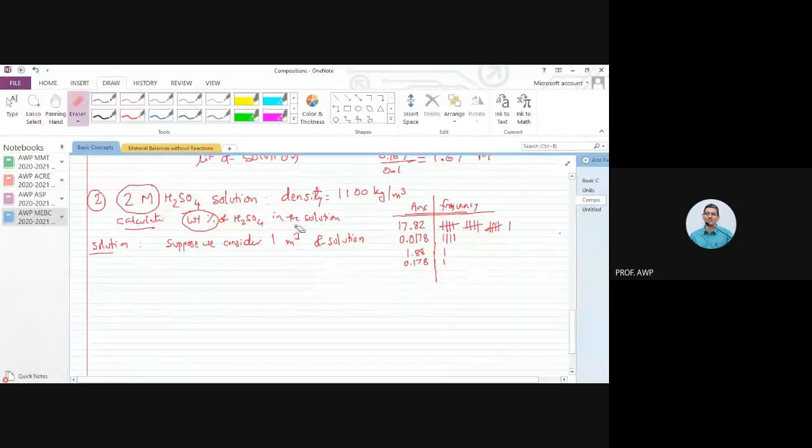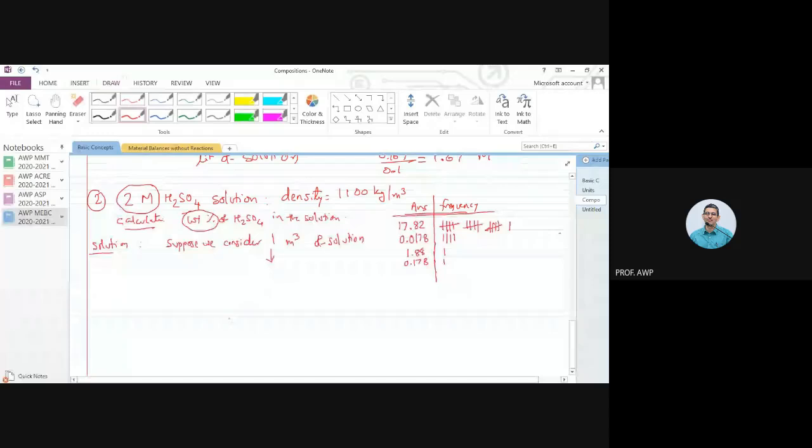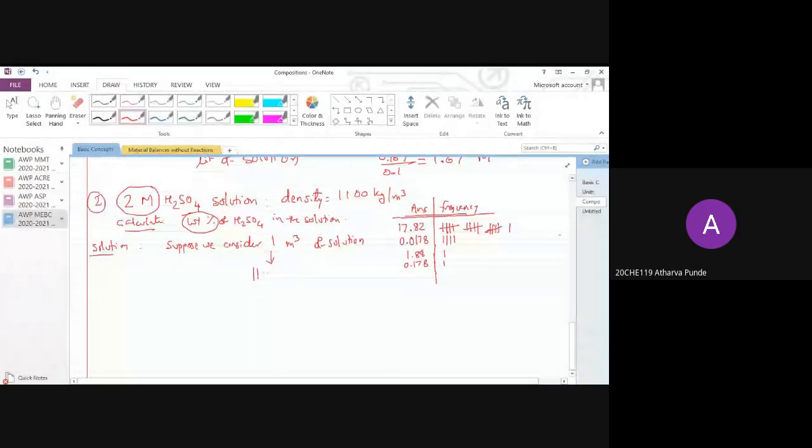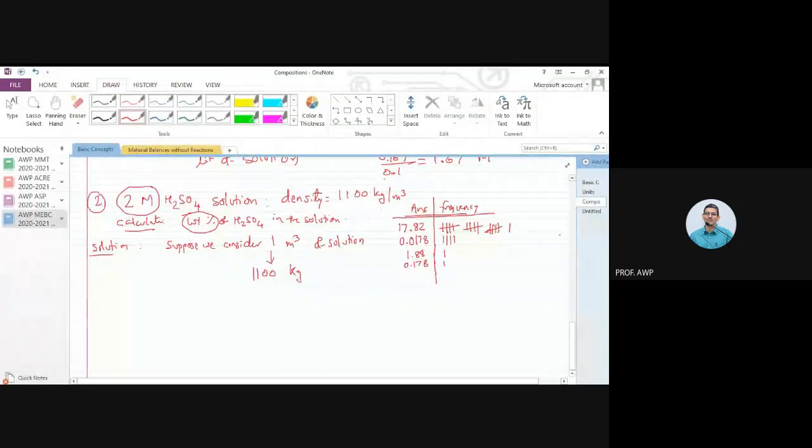If I take 1 meter cube of solution, what would be the mass of that solution? It would be 1100 kgs, because the density of the solution is 1100 kgs per meter cube.